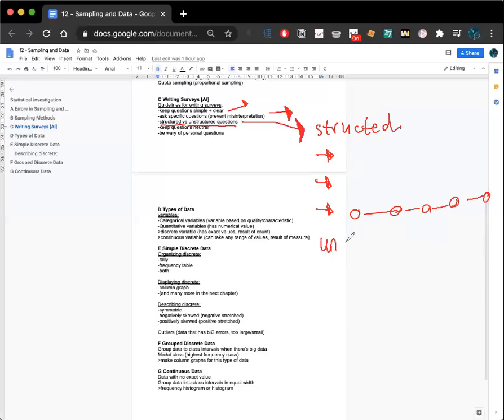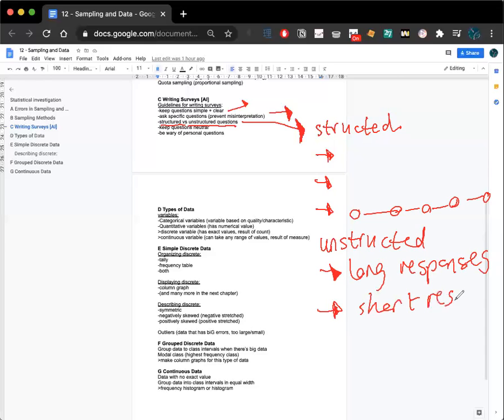Meanwhile, we also have unstructured questions, which are usually more open to long responses or short responses or drawings, because there are questions that ask you to draw things.